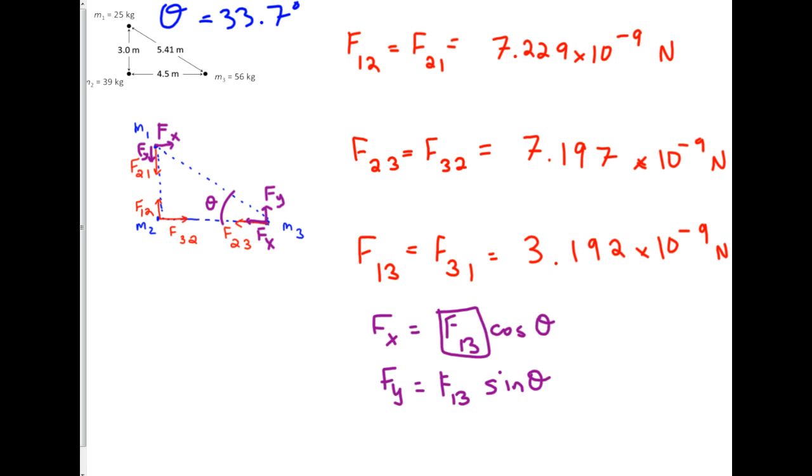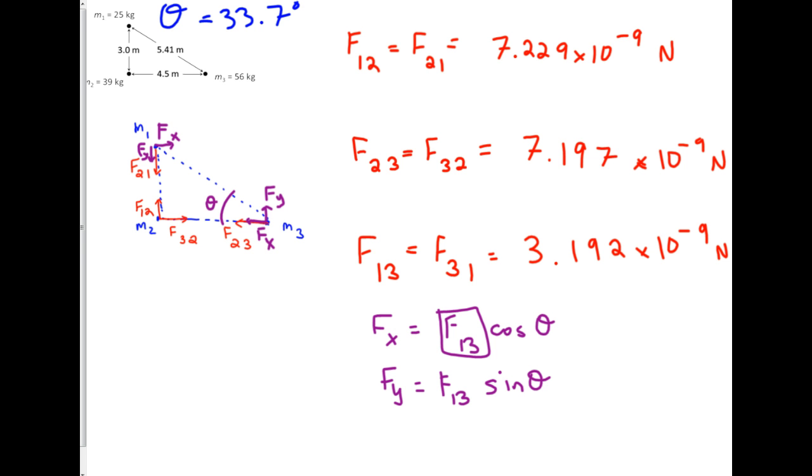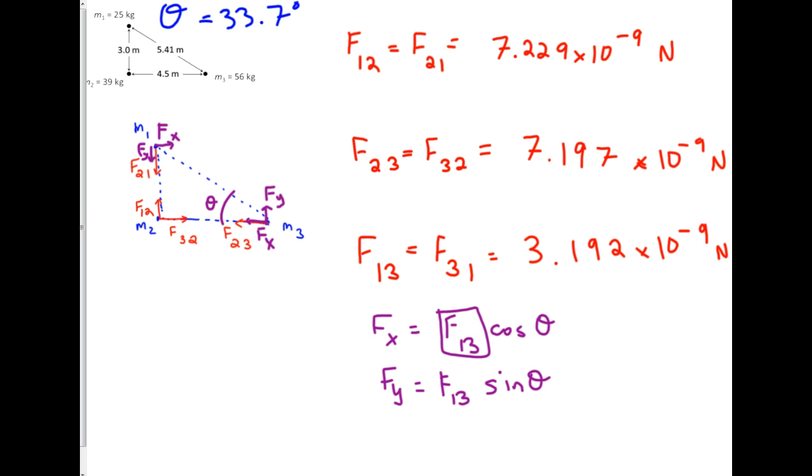So in place of F13, I'm going to use this here and also in this equation. Theta, I know to be 33.7. So I'm going to calculate this out on my calculator.